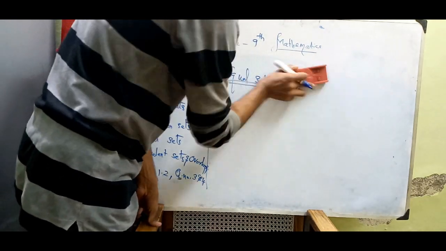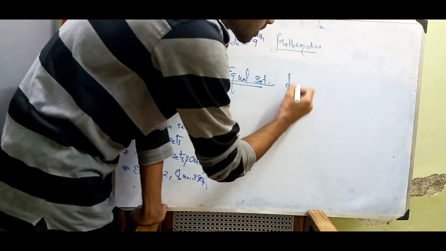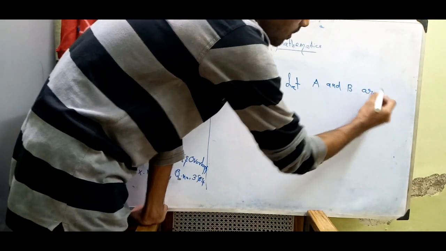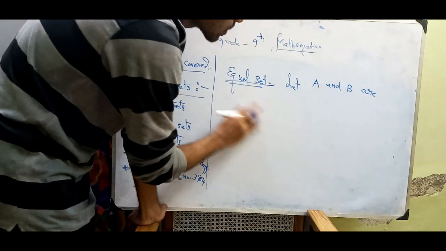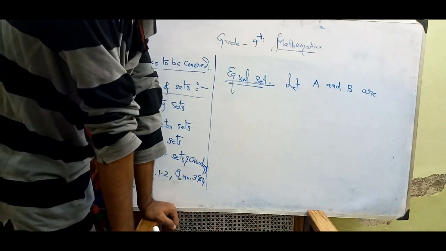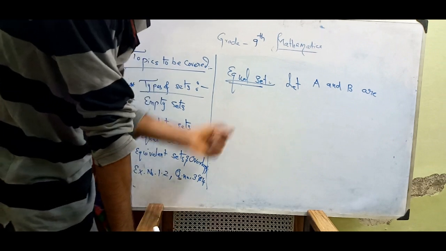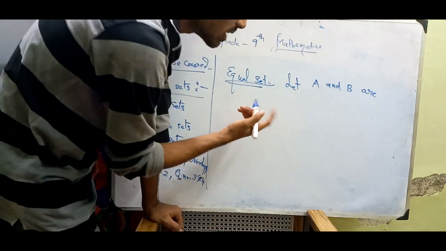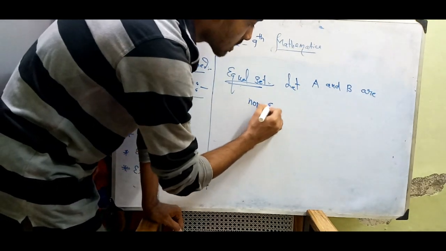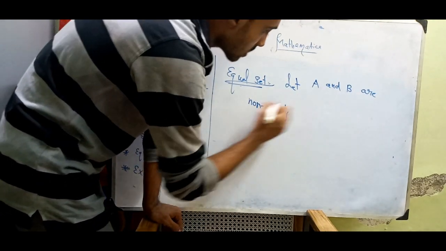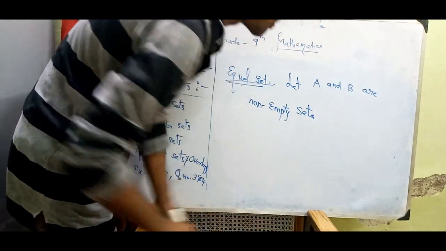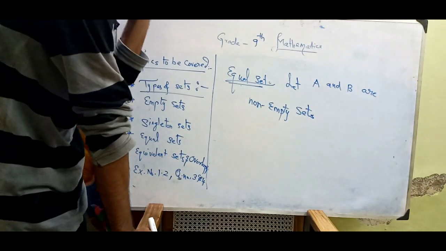Let A and B be non-empty sets. Just before, we saw that a set is empty when there is no element present in the set. First of all, we write non-empty, because there are two sets, A and B.